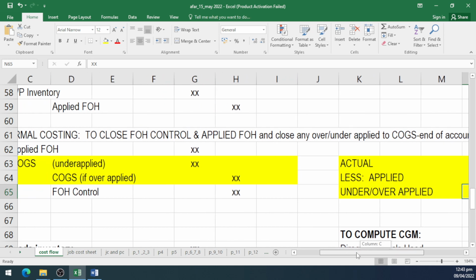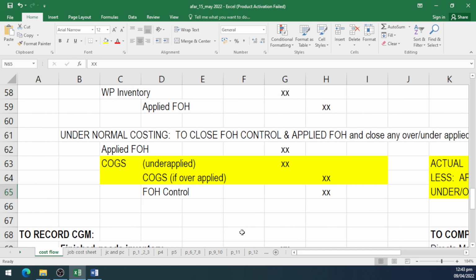And yan po, yung over or under applied, ay meron tayong method sa disposition. If the over or under applied is insignificant, simply close the cost of goods sold.